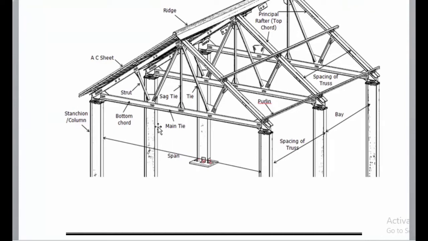These stanchions can be either a single I section member or two I sections joined together by a lacing system or batten system, or channel sections placed face to face or back to back.